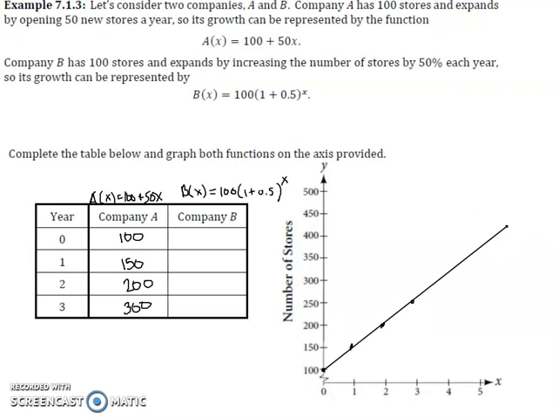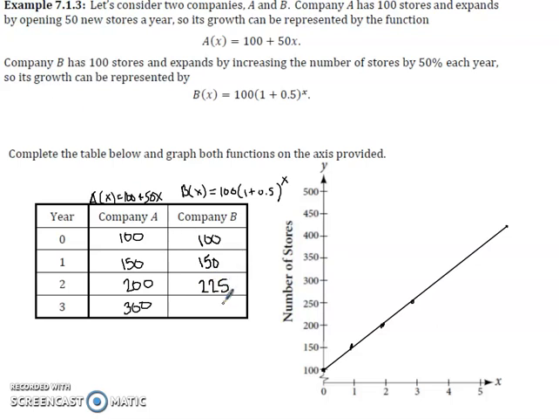Now company B. When I put in a 0, 1 plus 0.5 to the power of 0 is just 1. So 100 times 1 is 100. When I plug in a 1 for x, I have 150. When I plug in a 2 for x, I'm going to have 225.